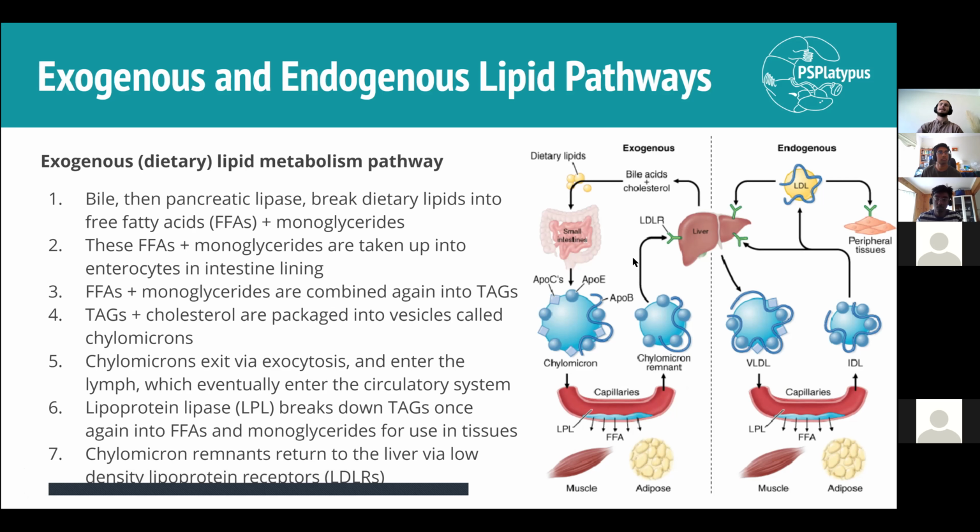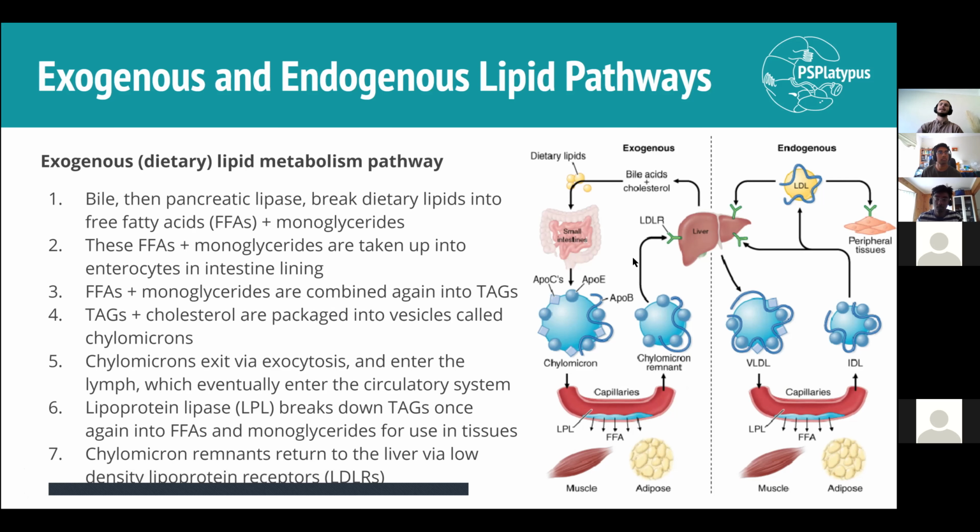So instead of chylomicrons, what you have is something called very low density lipoproteins, which are higher in density than chylomicrons, but lower in density than low density lipoproteins. So they're secreted, similarly, into the bloodstream. They reach the capillaries. Lipoprotein lipase breaks down the triacylglycerides in them, which are then used as free fatty acids and monoglycerides in muscle and adipose for energy and storage respectively.